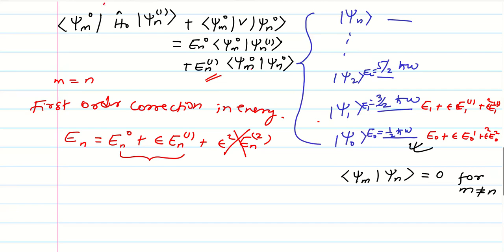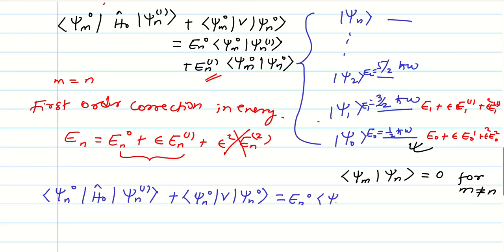In that case you get psi_n, because you are taking m equal to n. Plus, and this is equal to, this is n.